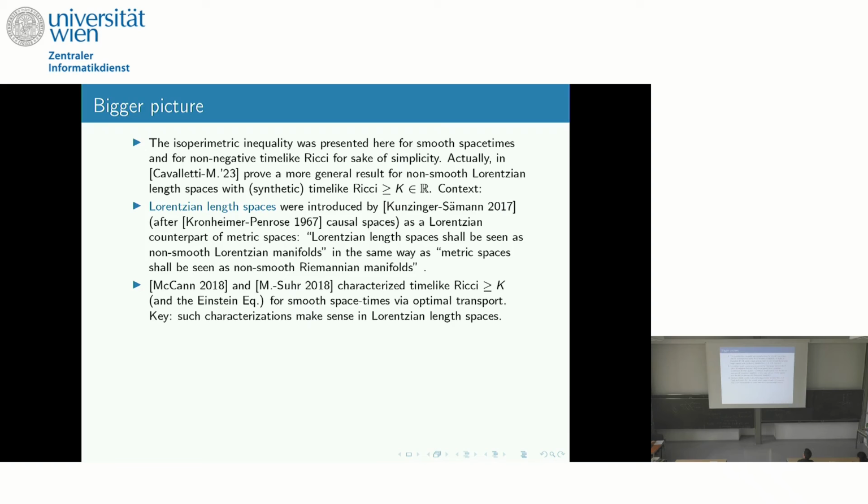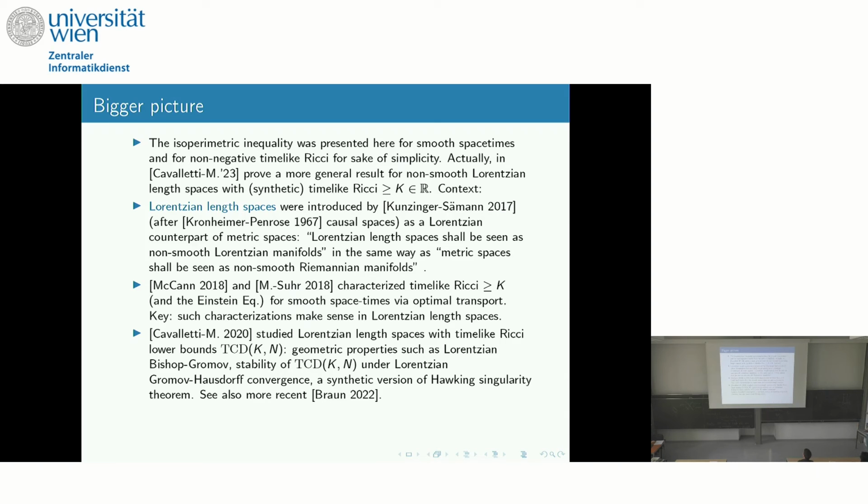And McCann and myself, and Sturm independently, characterized the timelike Ricci lower bounds and the Einstein equation for smooth spacetimes using optimal transport. And the good thing is that this characterization makes sense also in the non-smooth setting of Lorentzian length spaces.